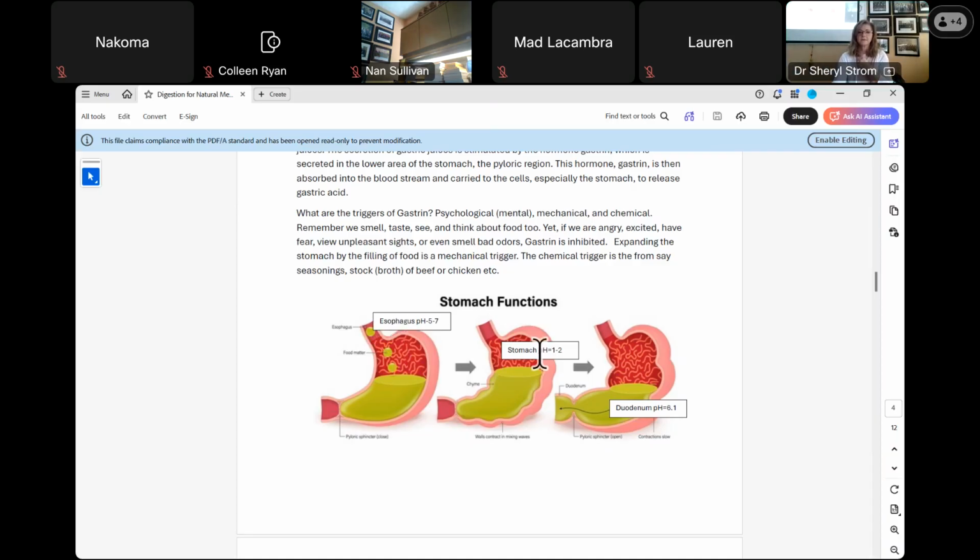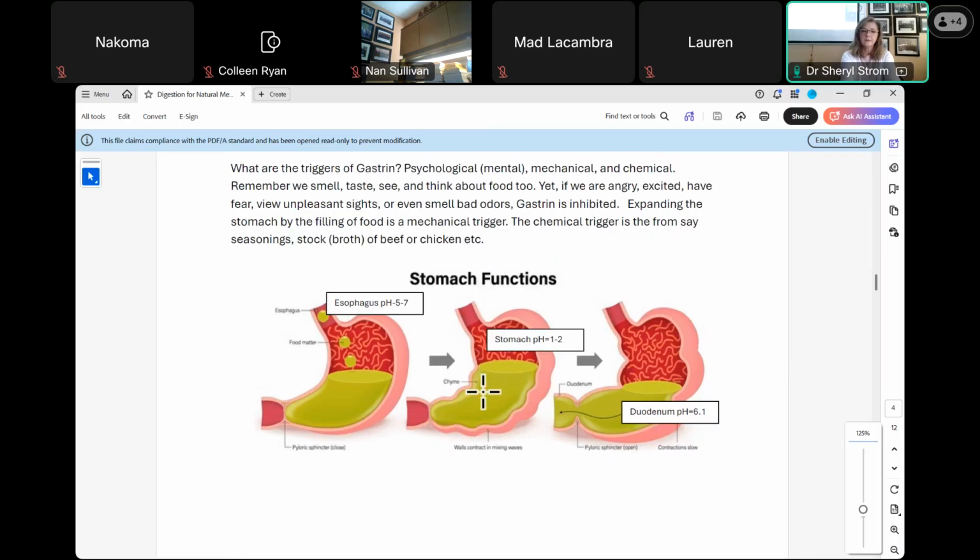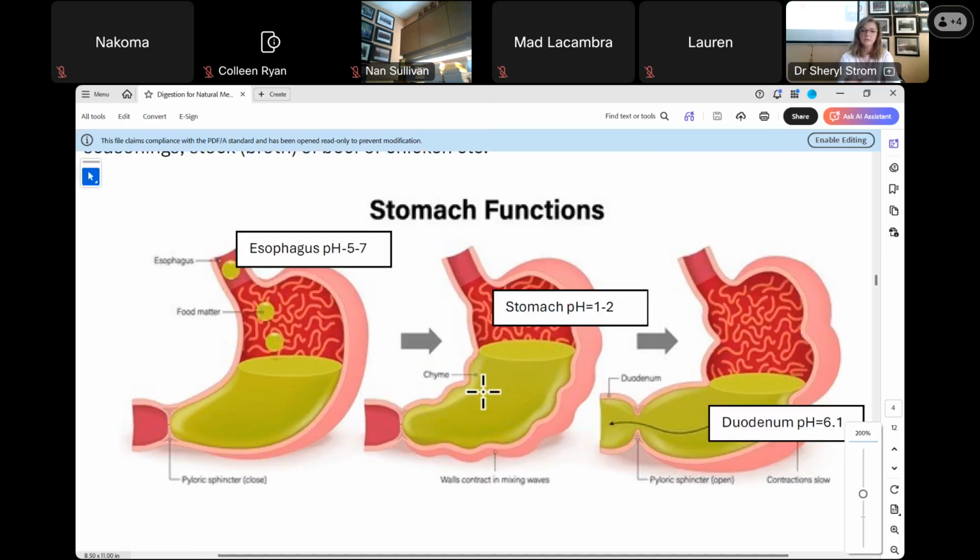Okay. And then when the food enters into the stomach and it begins to churn and absorb all of the juices and it's beginning to break down, it's called chyme. Know that word, chyme. Let's see if I can make, there we go. Is that better?